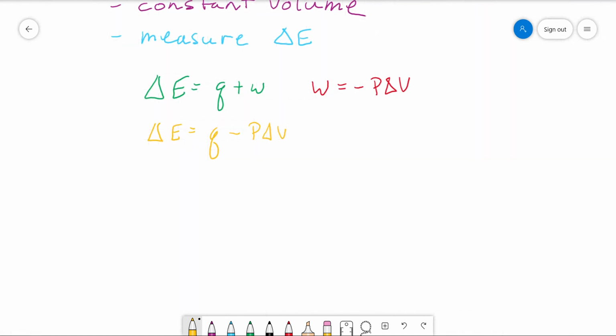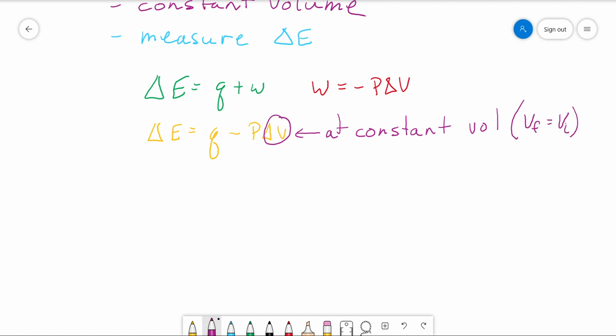Well, if we're at constant volume, guess what? V final is equal to V initial, then that term goes to 0. Delta V is equal to 0.